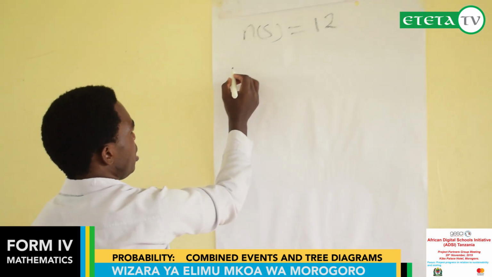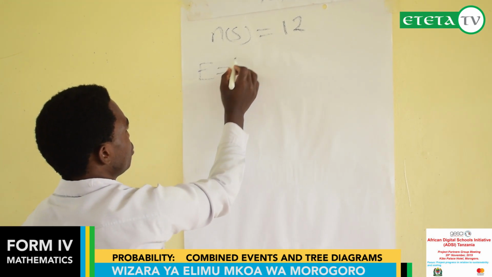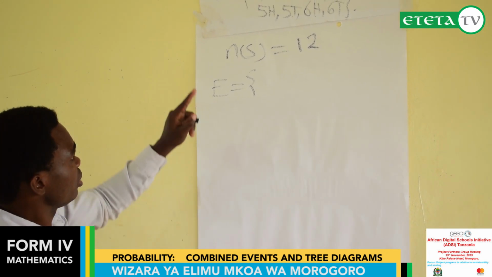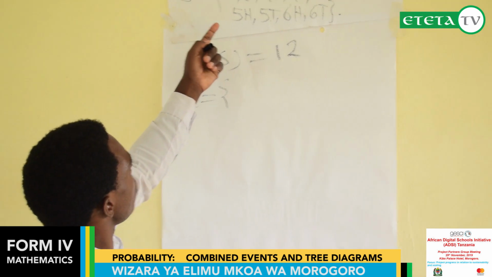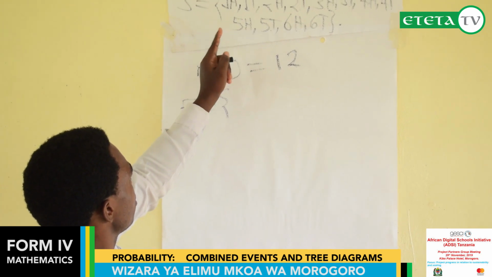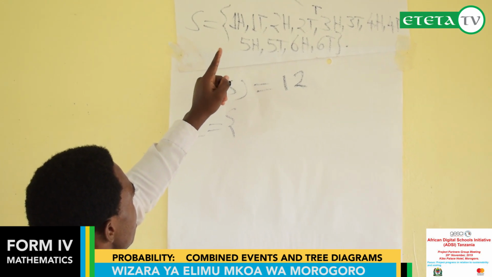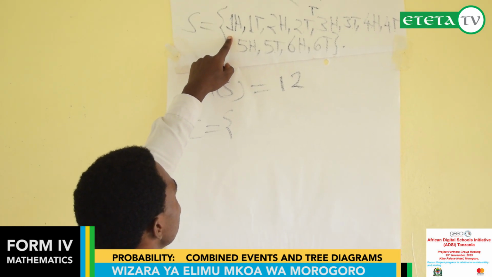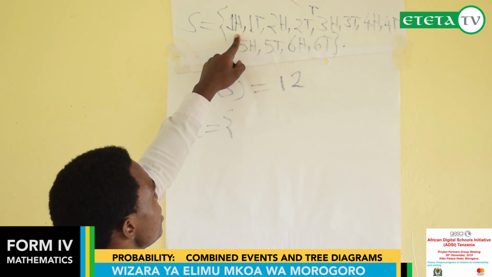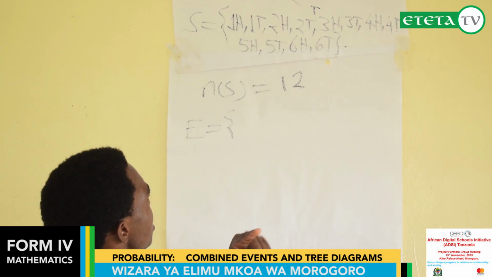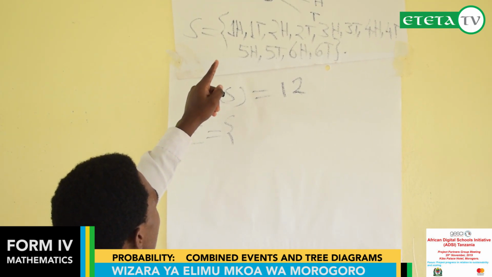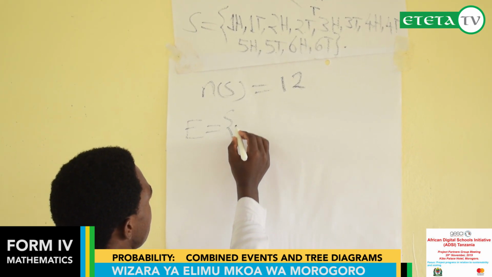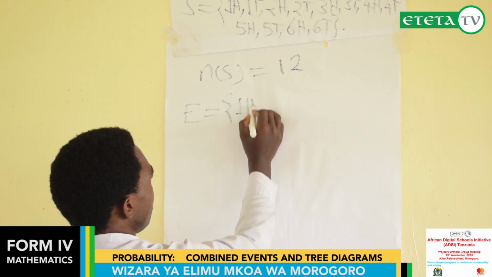Then here the event will be equal to the set of, we should take the outcomes which combine a head and a number less than 3. Observing here, this is 1 and the head. It satisfies our event because 1 is less than 3 and also it is combined with the head. So we have here 1 head.